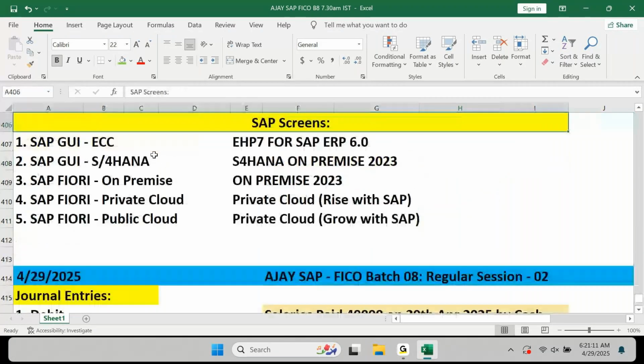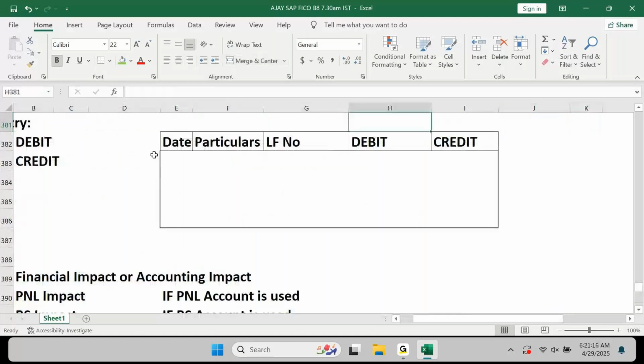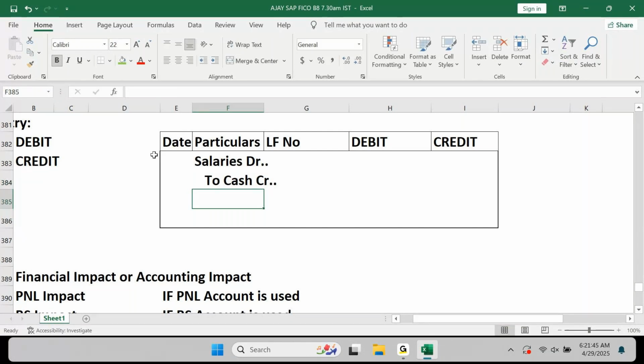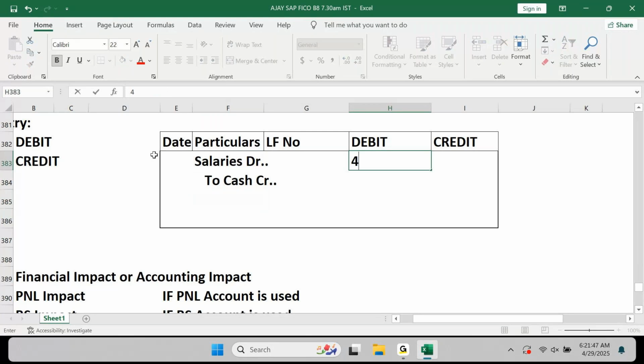If we go back to our academics, what we used to do, if we put it in the format, did we write debit credit on the same line, or we used to put debit and credit in opposite directions? Opposite. Next line. If I write the manual entry, salaries DR, and then we put cash CR. We used to put 40,000 here.